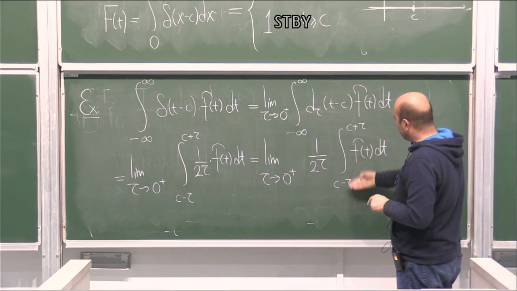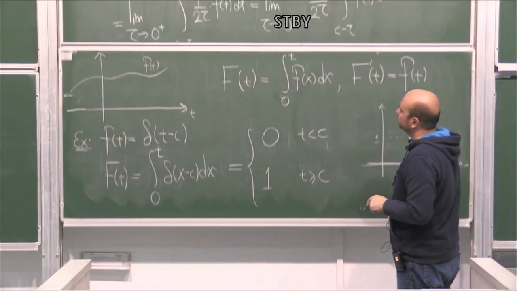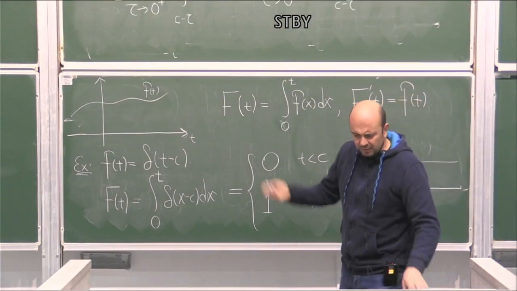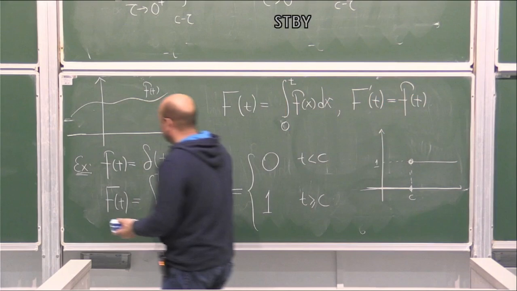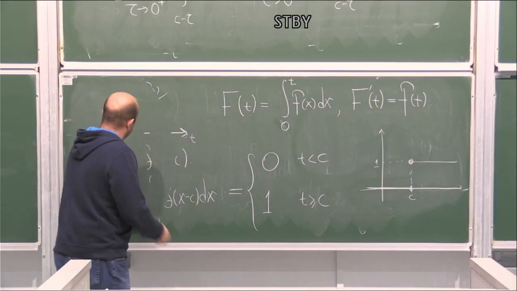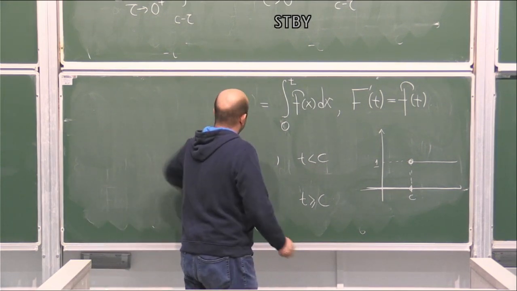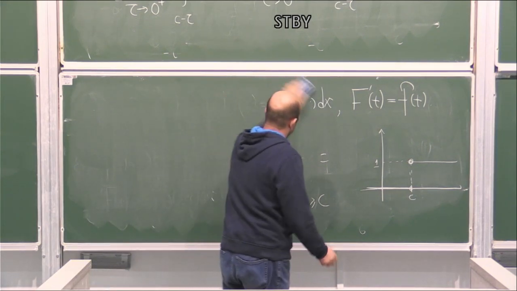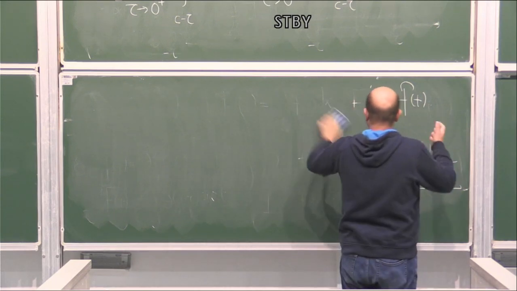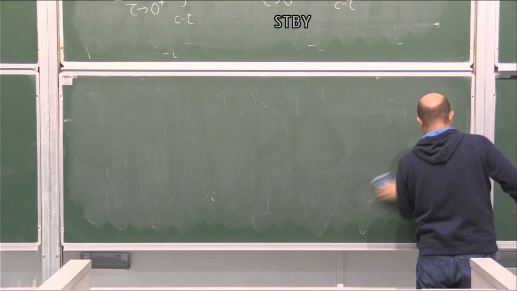But now, what kind of thing am I doing here? I'm assuming here f is a continuous function. Okay? F is a continuous function. I multiply with the delta function at c. It doesn't have to be continuous everywhere, as long as it's continuous at c, it's fine.